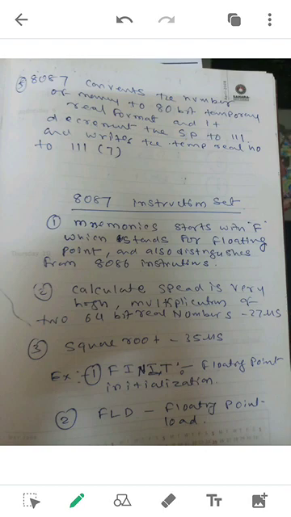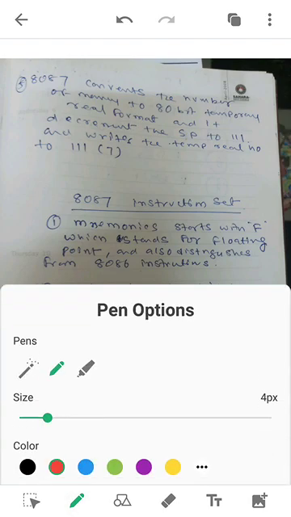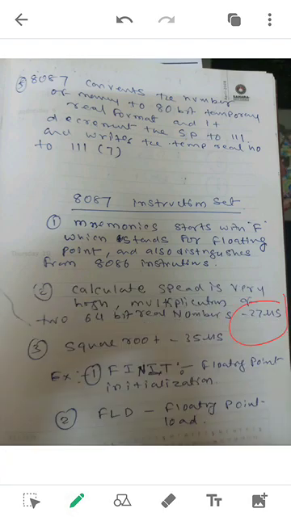Calculation is very fast. For a multiplication of two 64-bit real numbers, it takes 27 microseconds. To perform square root, it will take 35 microseconds.